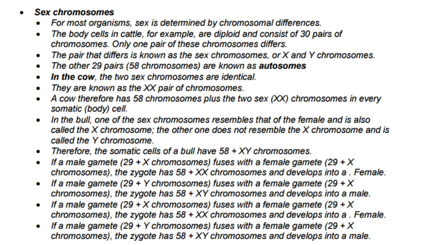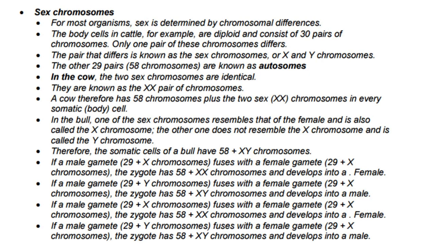Therefore, the somatic cells of a bull have 58 plus XY chromosomes. If a male gamete, 29 plus X chromosomes, fuses with a female gamete, 29 plus X chromosomes, the zygote has 58 plus XX chromosomes and develops into a female.